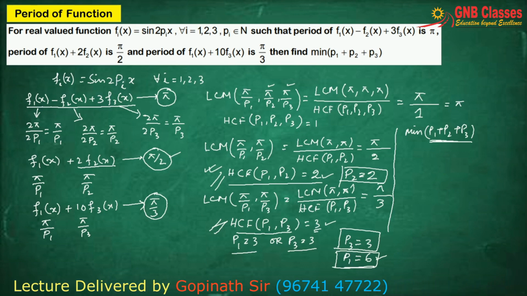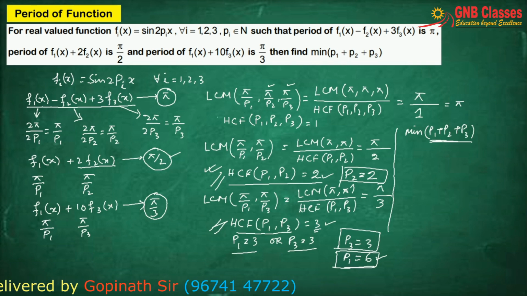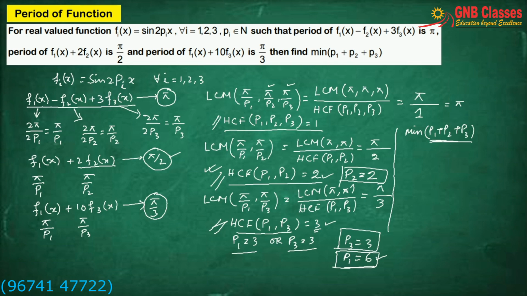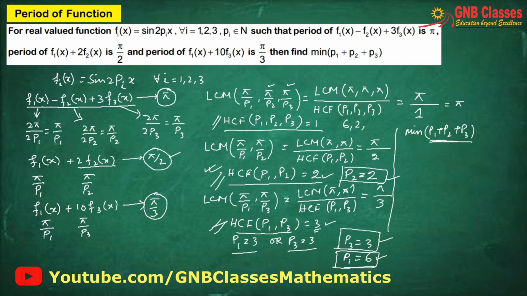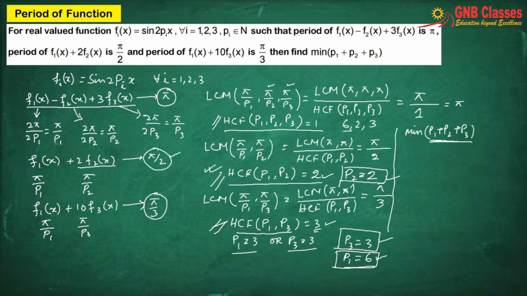Now the question comes, if it satisfies this first condition, then we will take those values as our final values. Final minimum values, right? Now we can see P1 is 6, P2 is 2 and P3 is 3. The HCF of 6, 2 and 3 is nothing but 1, which satisfies this condition.